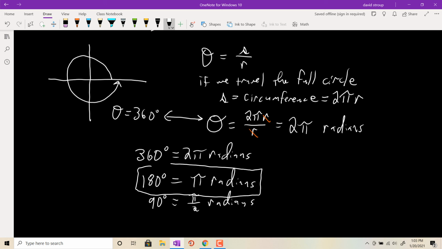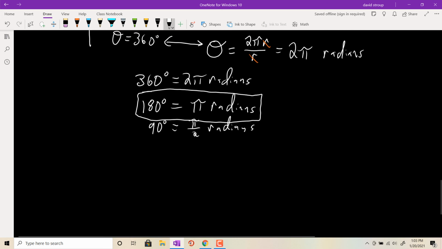So if you've done a lot of conversions, maybe like kilograms to grams and stuff like that, you probably dealt with these types of factors before. So we'll have two conversion factors. The first we use in going from degrees to radians.